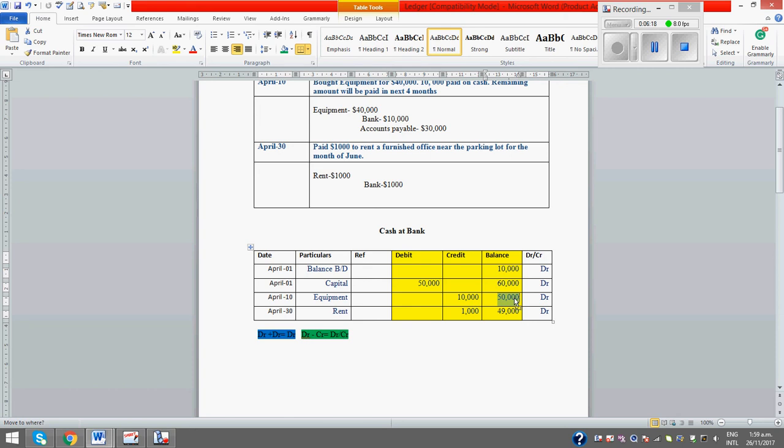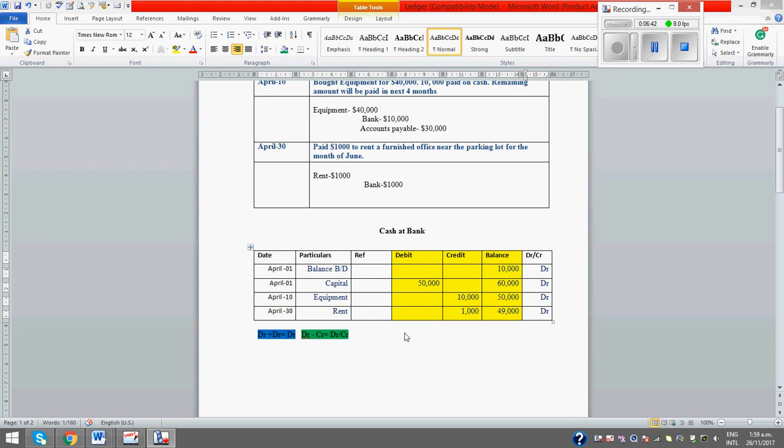Your debit is way greater than your credit, so your balance would be debit again. But remember, if your credit balance is greater than your debit balance, then your final balance would be credit.